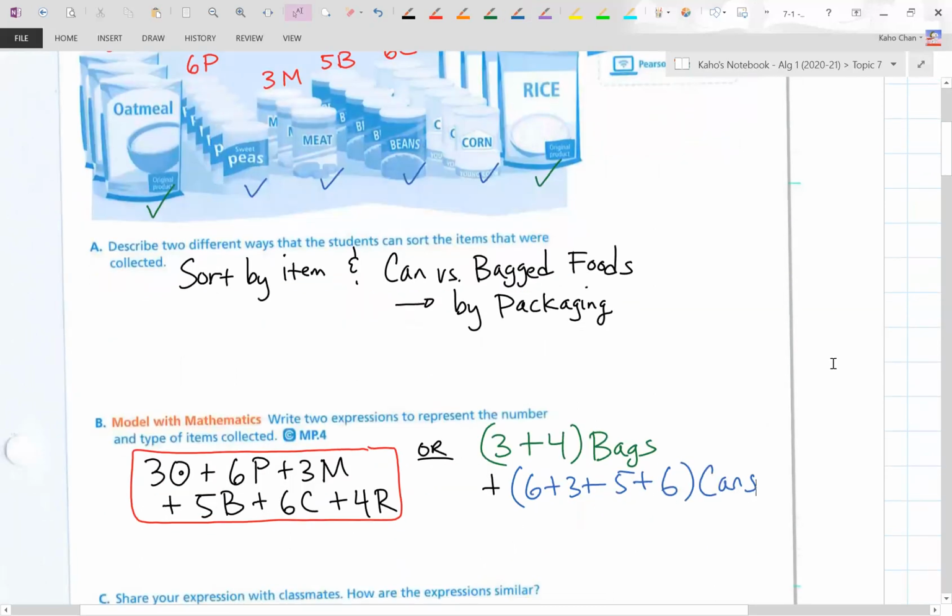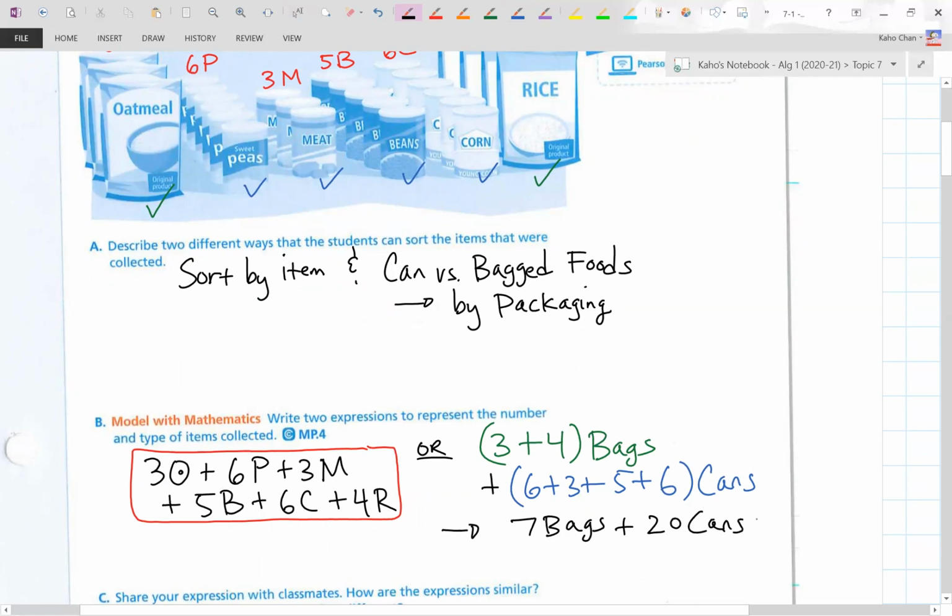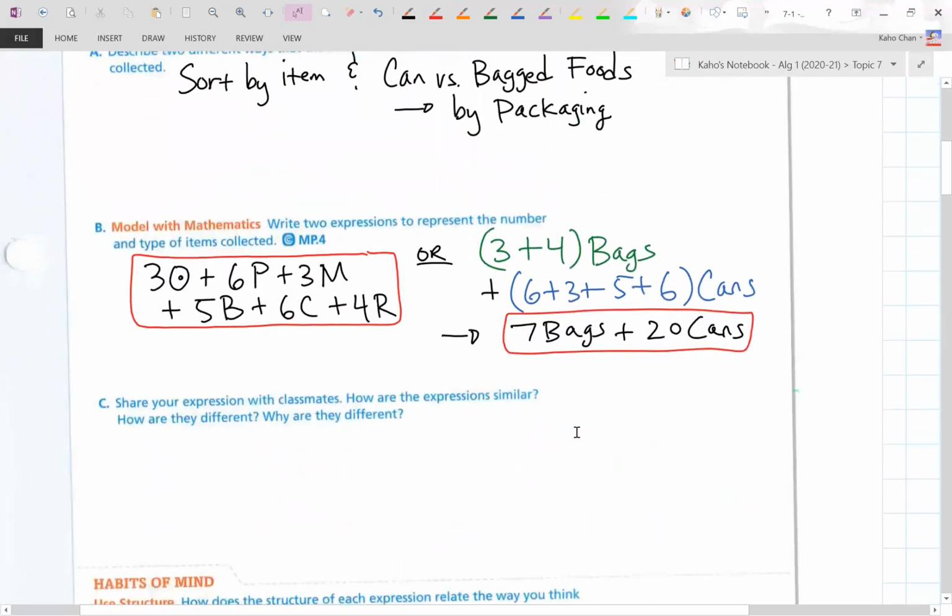I think I did it kind of backwards, no big deal. Which means that this is 7 bags plus 9, 14, 20 cans. That works, yeah. I guess I can use C's and B's or whatever.